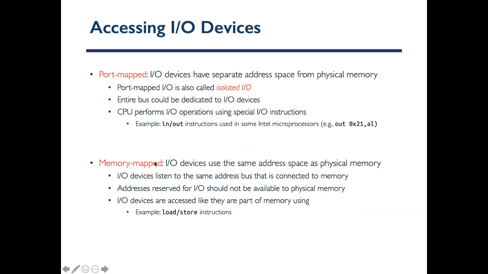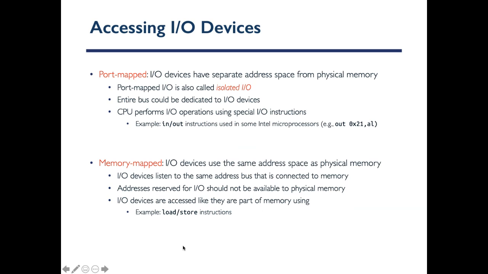With memory mapped I/O, however, you only have one address bus and one address space for both physical memory and your I/O devices. As a result, they both have to share the address space. So the operating system allocates a region of addresses to I/O devices.